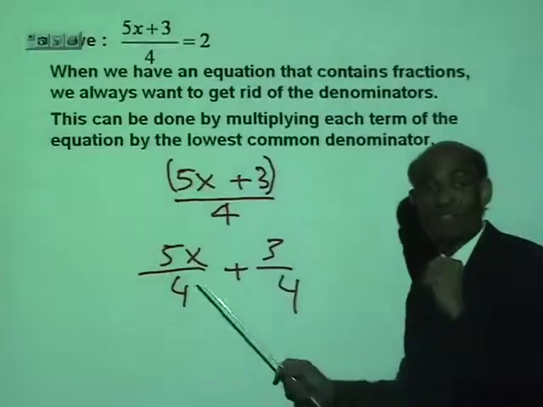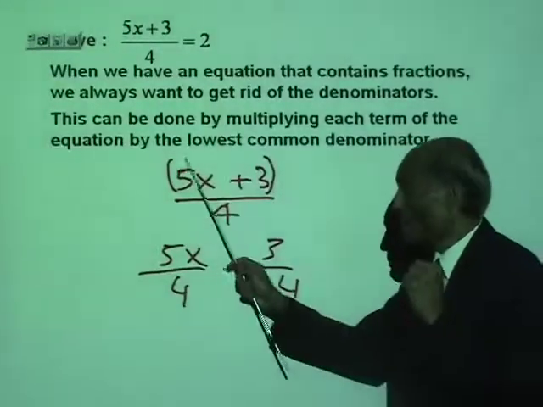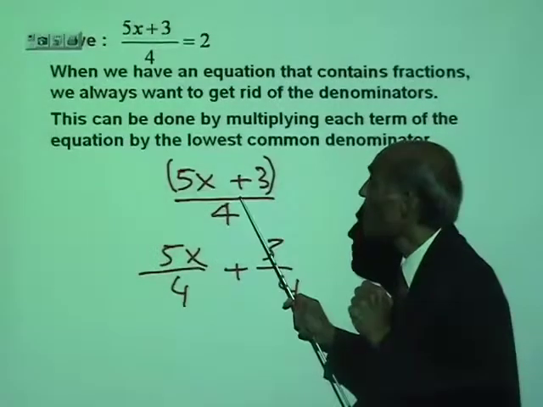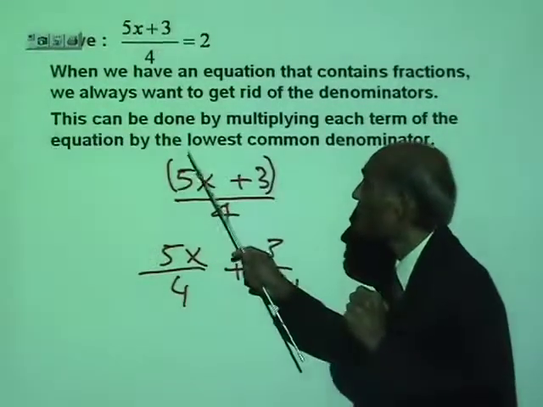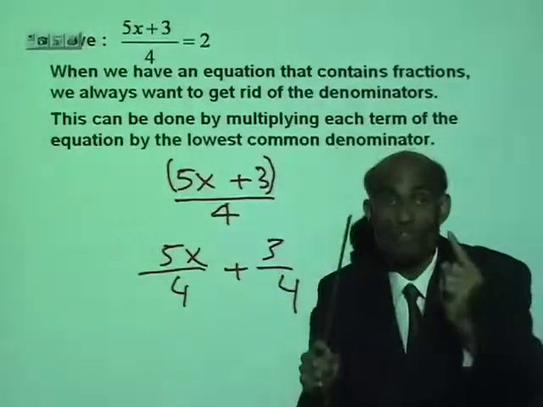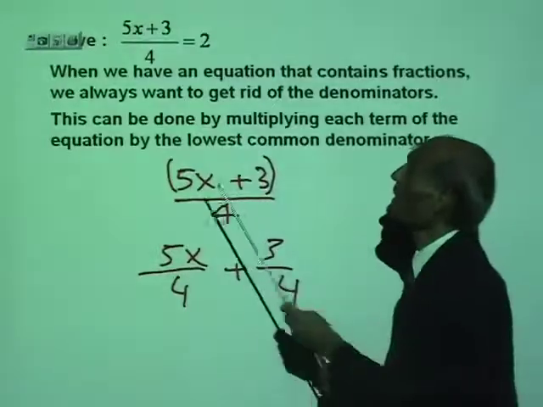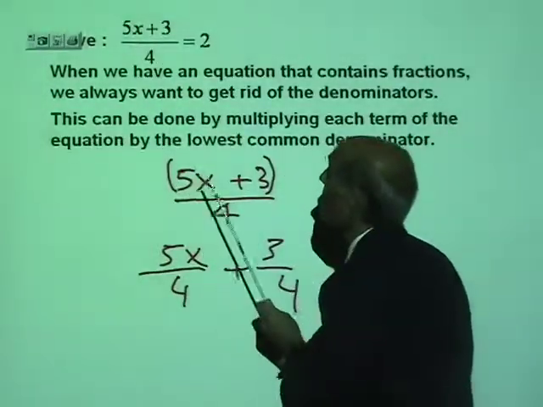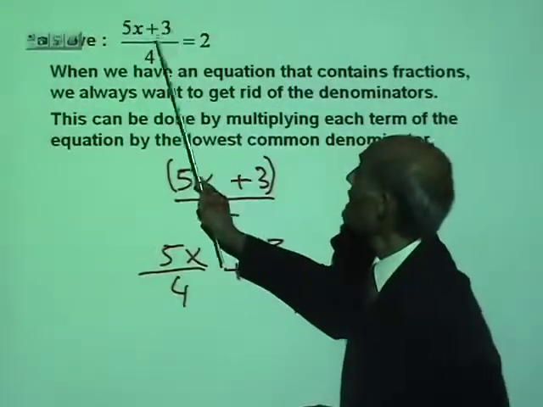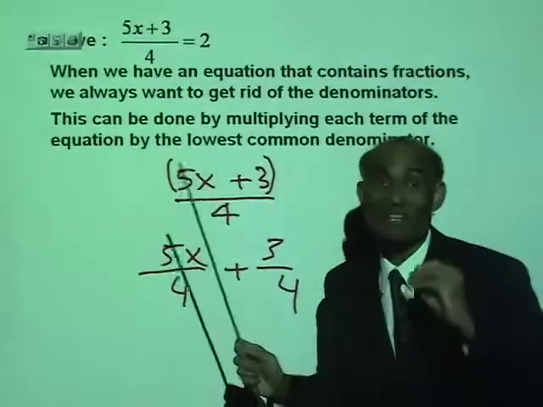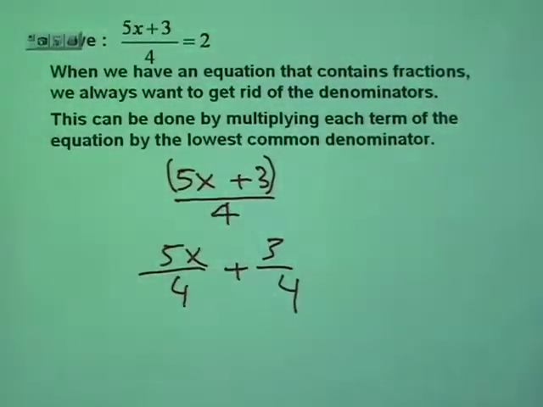These two are single terms, and this is a single term. So, when you want to multiply this by a number, always remember to put that quantity in a parenthesis. So, in order to get rid of a denominator, it can be done by multiplying each term on either side by that denominator. Okay, I want you to learn this very well.